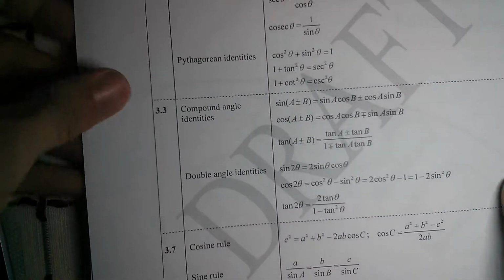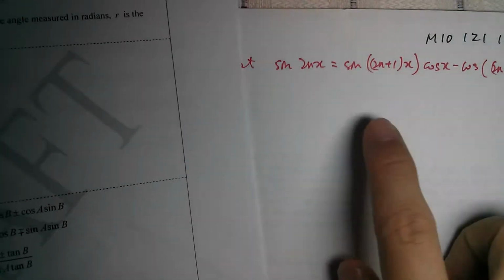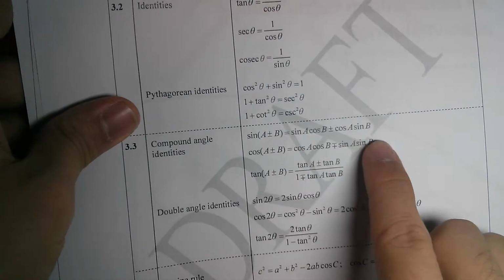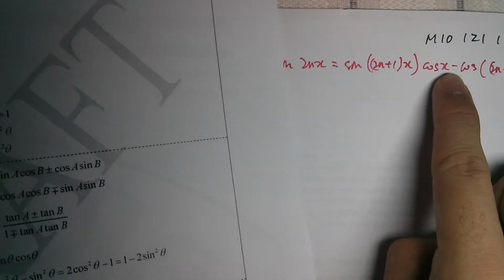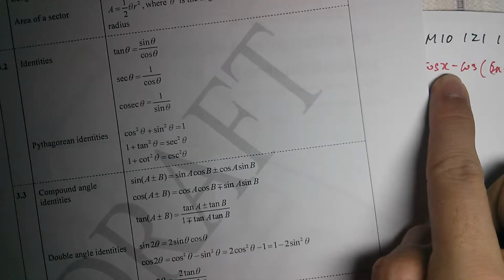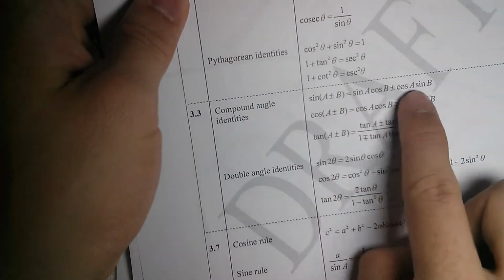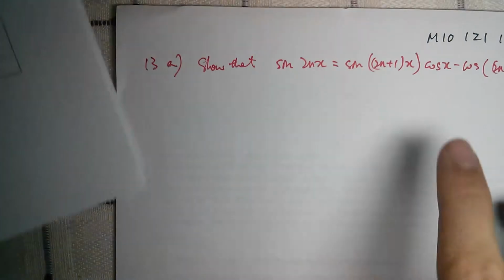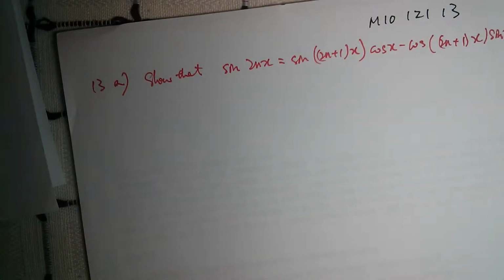So you see the compound angle formula. It's basically in the form of sine cosine, cosine sine, and you can see that there is a minus in between. So you know that you need to use the minus one, which is sin(A minus B). It serves as a great hint.